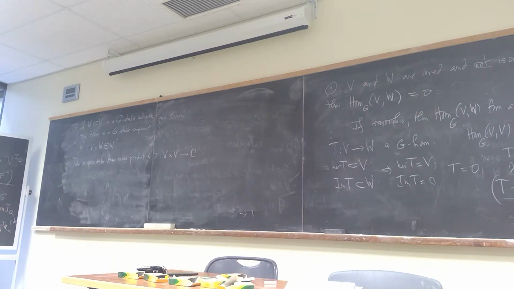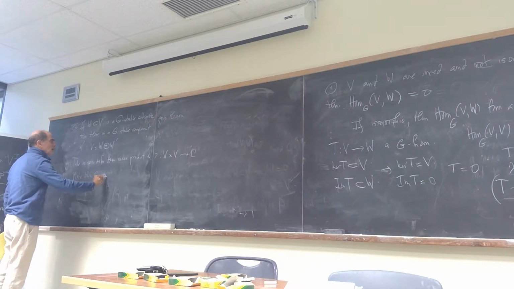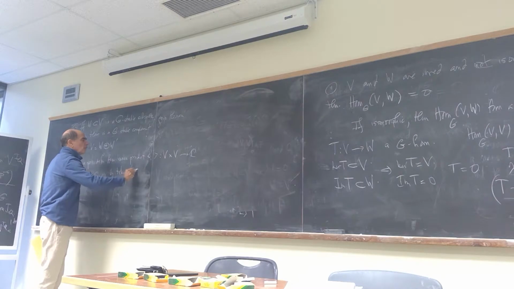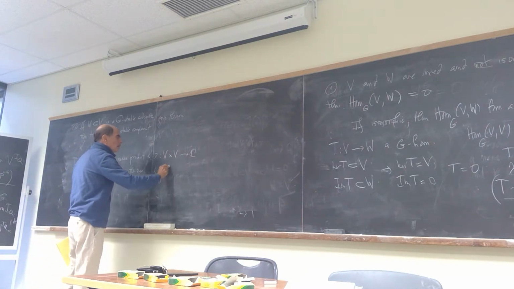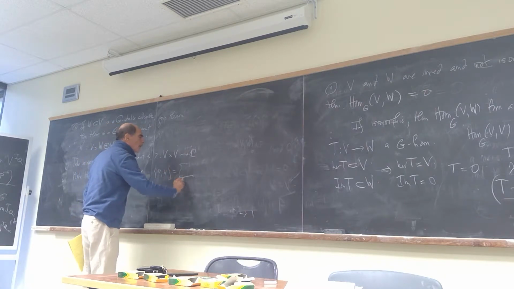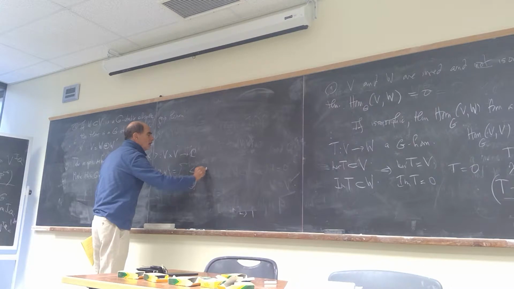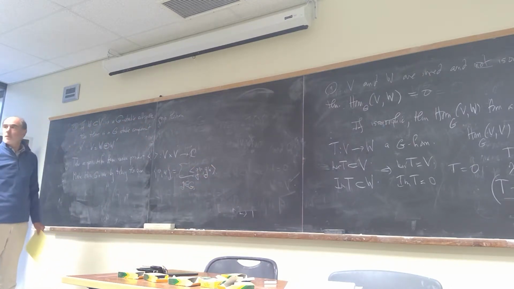Okay, that has nothing to do with the group G, but make this G invariant by taking the sum. Let's call it this way: (v, w) is equal to the sum over elements g in G of (g v, g w). It's a finite sum, so no problem.